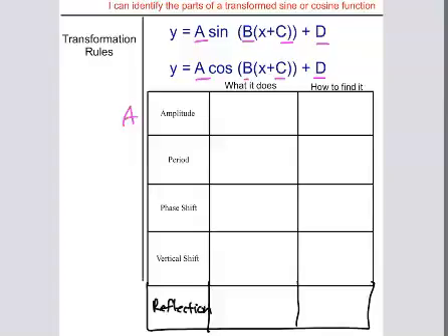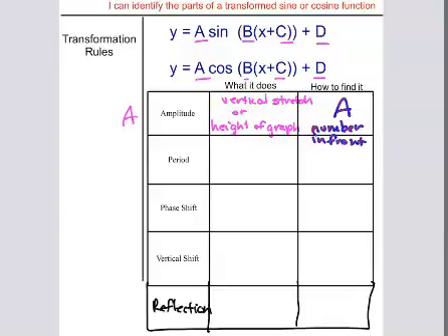Starting with A, that stands for amplitude. And remember, amplitude is just vertical stretch, or you can think of it as the height of the graph. The way we find it is it's just whatever the letter A is, the number in front.